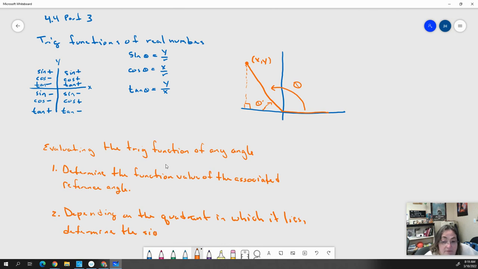What I mean by sign is positive or negative, not odd or even.